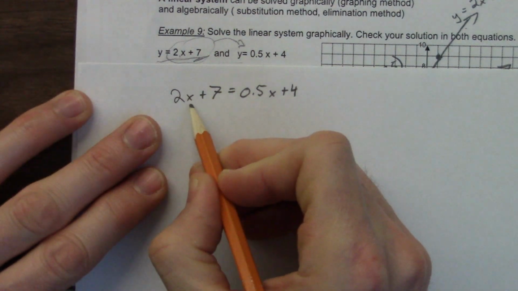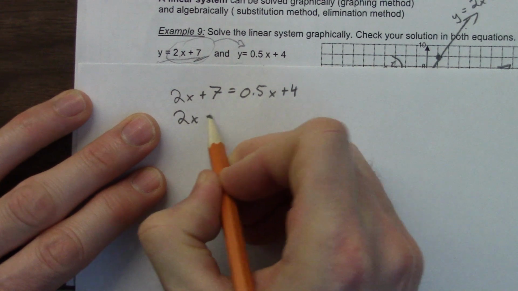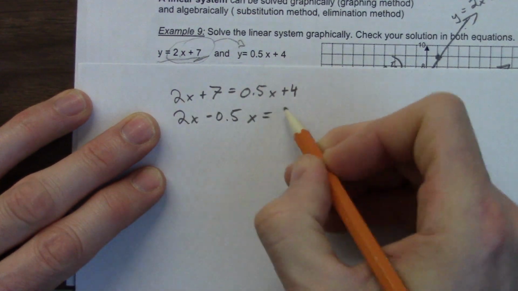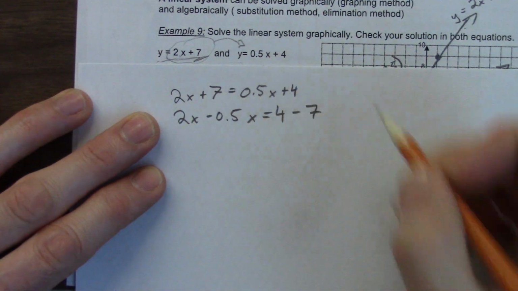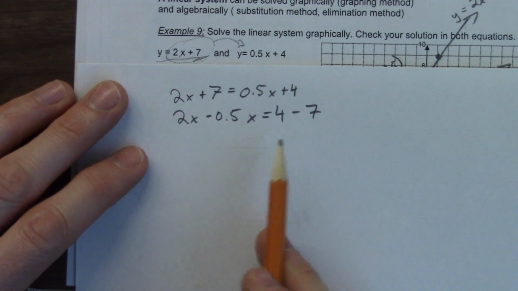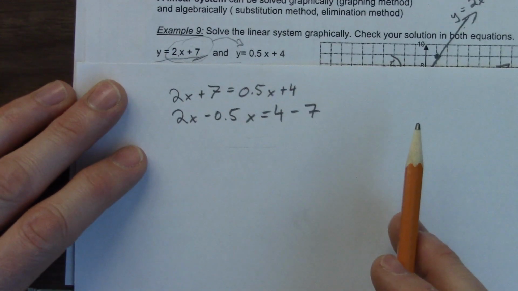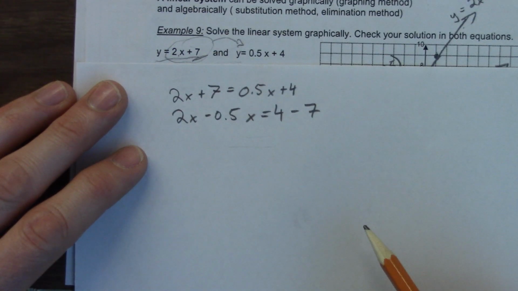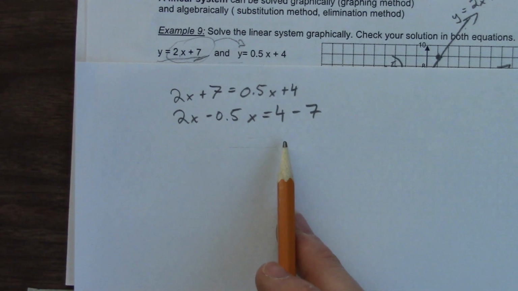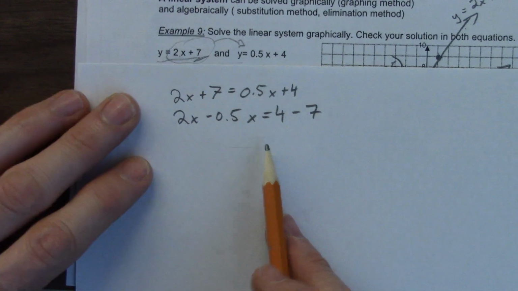So we're going to do 2x minus 0.5x equals 4 minus 7. See how this is like terms and gathering stuff and moving things around? I have to know it. I'm not teaching it again. You have to already know this. If not, you could know exactly what to do, but because you don't have the skills from grade 9, you can't even do it. So we're going to keep going here.